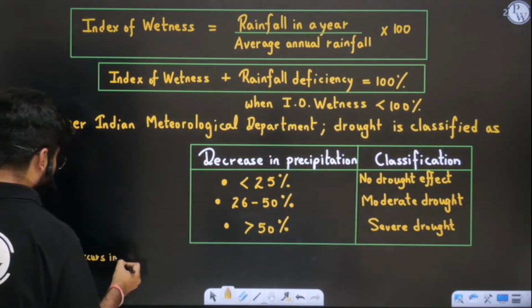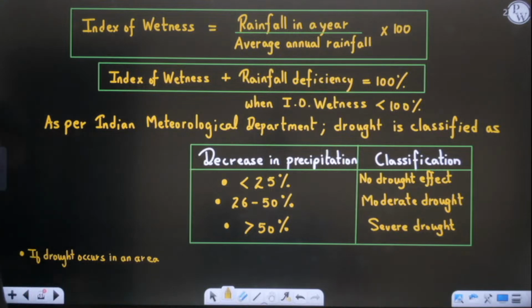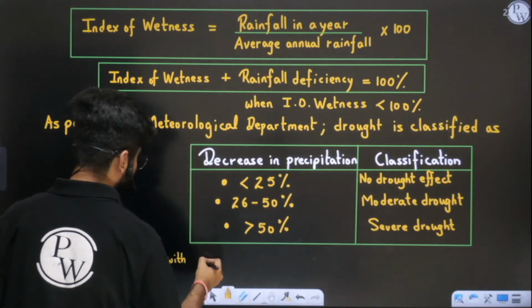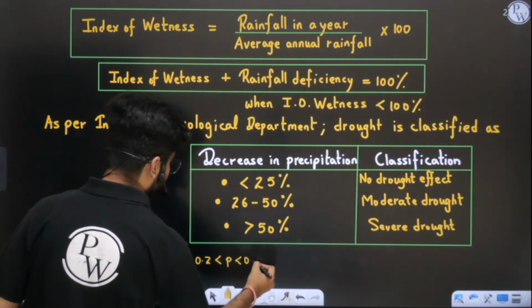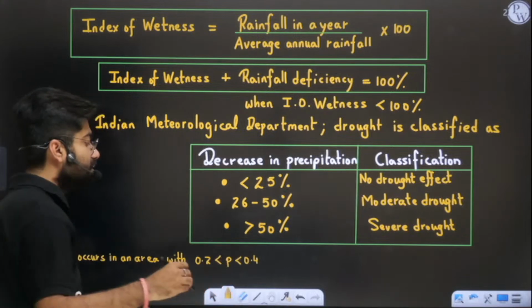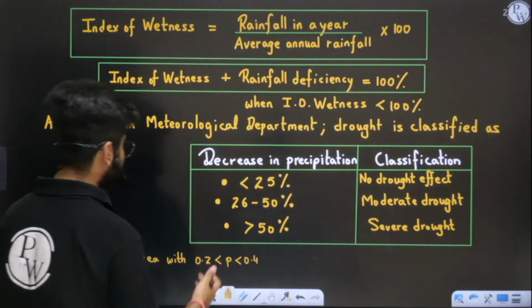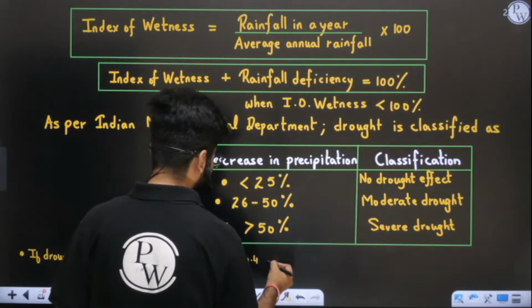If drought occurs in an area with probability 20% to 40%, obviously you will try not to live in that area, because 20% to 40% drought probability is there. So obviously these areas are not favorable for living.